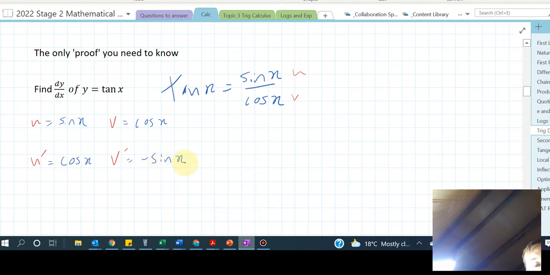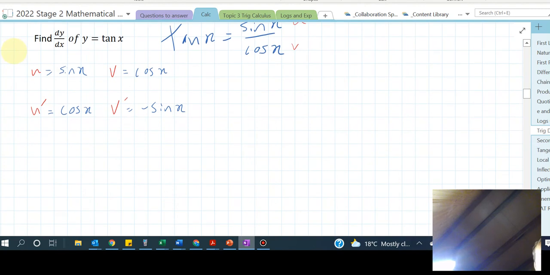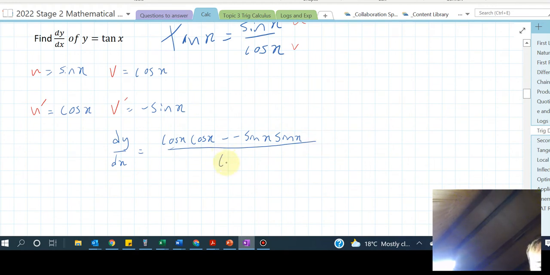Then putting it into the quotient rule, dy on dx is u dash v, so cos x times cos x, minus v dash, minus sine x times sine x, over v squared, so cos x squared.